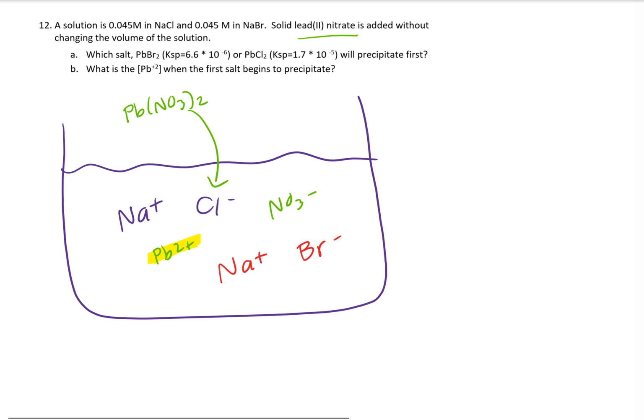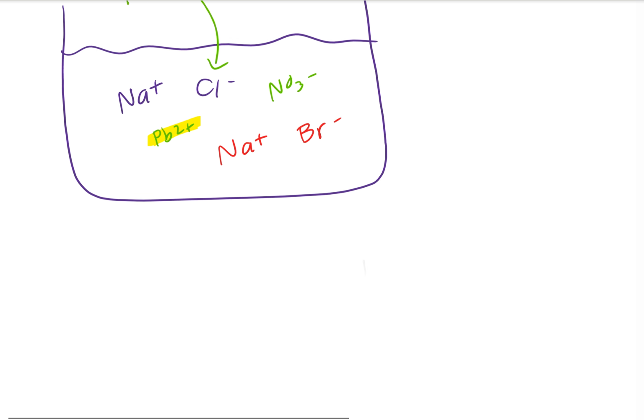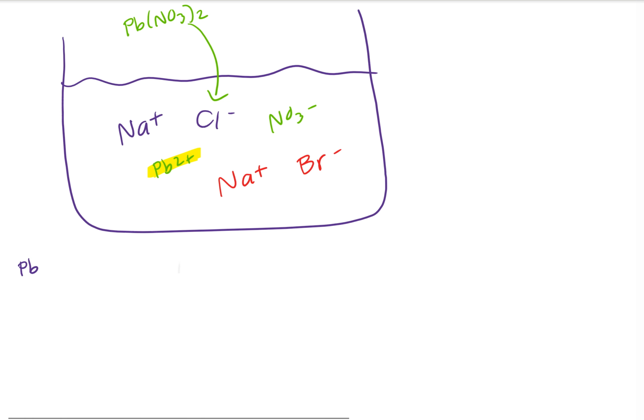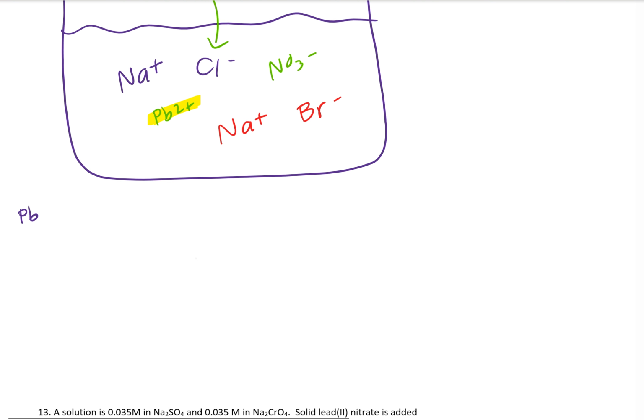I need to go through my 2 scenarios, calculate the lead 2+ ion concentration for each one. So I'm going to start by writing the dissociation equation for the 2 possible salts that will form. And one of them is lead bromide, which dissociates into lead 2+ and 2 bromides.